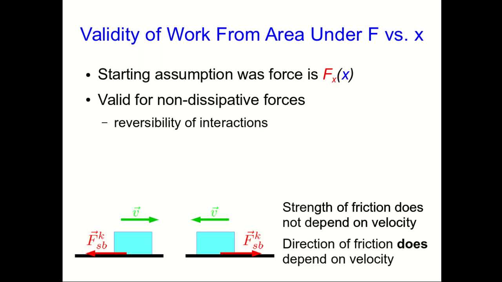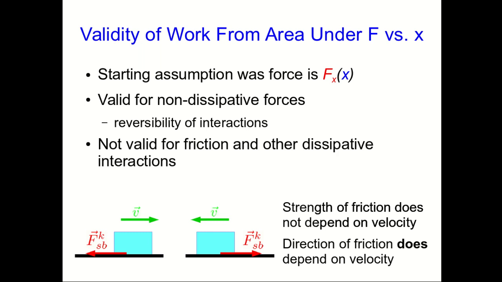And so the direction of friction does depend on velocity. Friction, therefore, is a velocity-dependent force. It's not a function of position alone, and so we can't get it from an area under a force versus position graph. And the same goes for something like drag, which is explicitly dependent on speed.